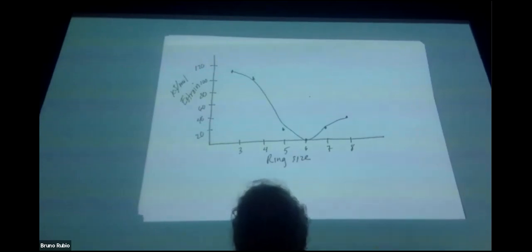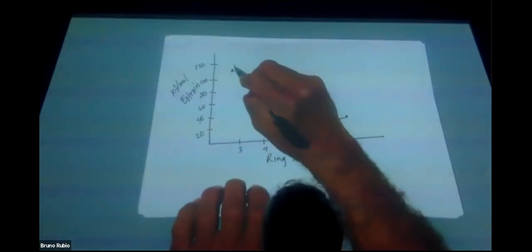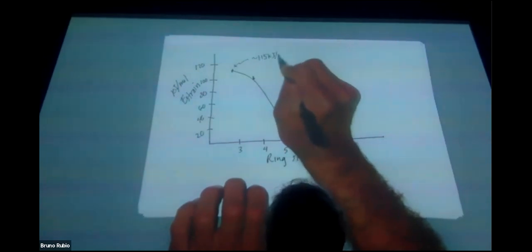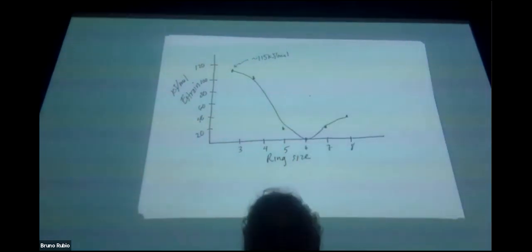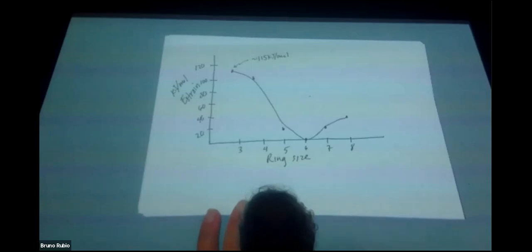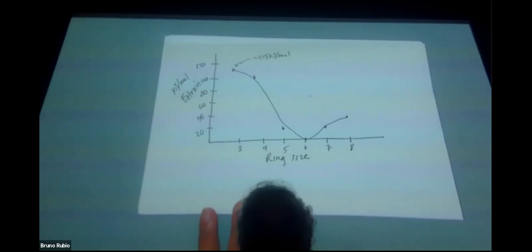Well, now I guess it's interesting to talk about how much strain that is. So this figure up here for the three-membered ring is about 115 kilojoules per mole. Now, let me venture to say, maybe I'm wrong, that that number means nothing to anybody, 115 kilojoules per mole, unless you're some kind of heat transfer engineer or something like that.